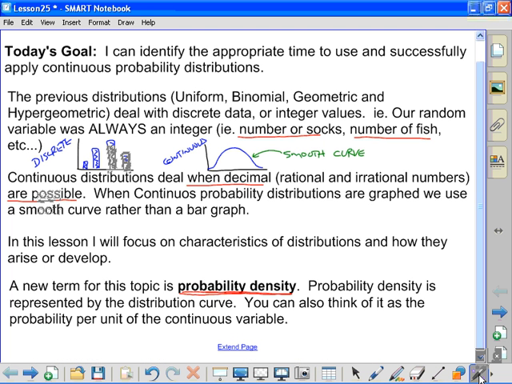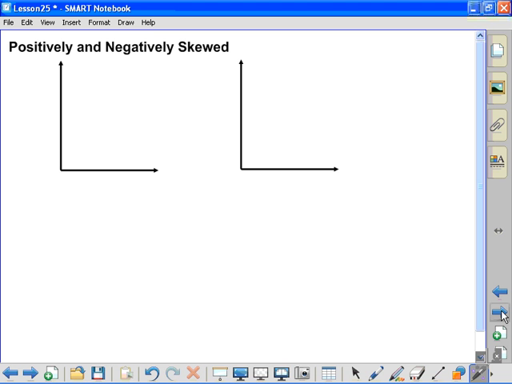There are three common types of continuous distributions, and I just want to talk about them briefly. The first one is what we call a positive skew. I didn't do a very good job drawing it, so positive skew looks like this.